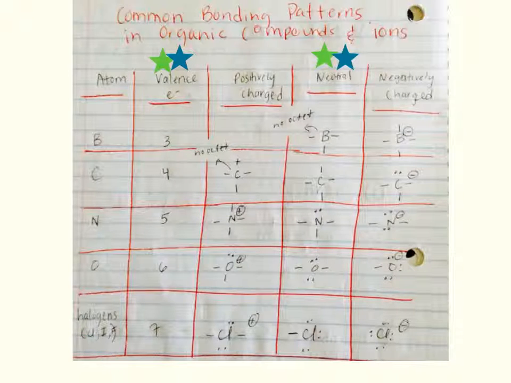For example, oxygen has 2 bonds, nitrogen usually forms 3 bonds, carbon forms 4, and notice that boron does not form an octet but is still a neutral atom when it has 3 bonds, because boron's valence electron count is only 3. And then chlorine, 1 bond. So these all have an octet with the exception of boron and some other elements. And another thing you want to pay attention to is what a positively charged atom looks like versus a negatively charged atom.